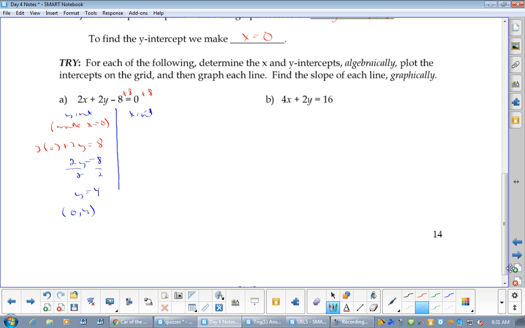For the x-int, we want to make y equals 0. So 2x plus 2 times 0 equals 8. x equals 8, divide by 2, x equals 4. So this is 4, comma 0.